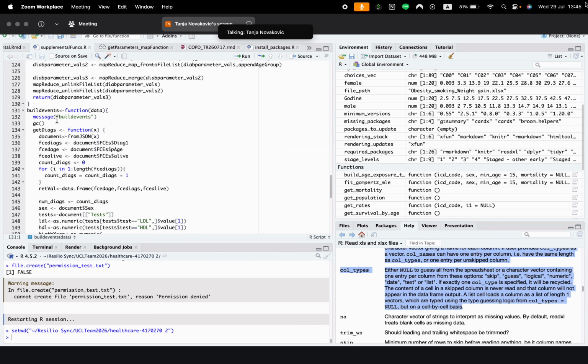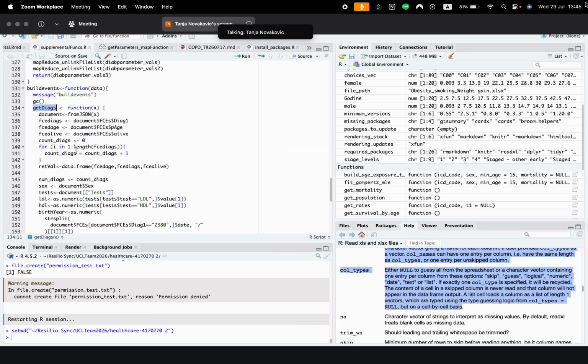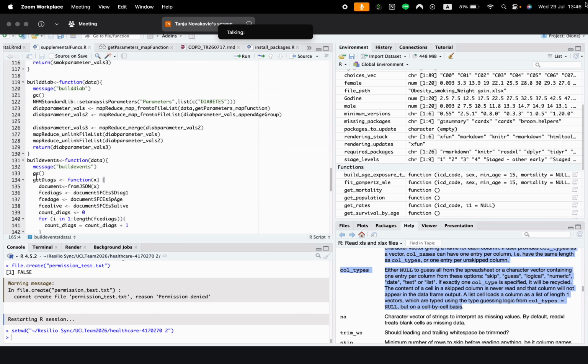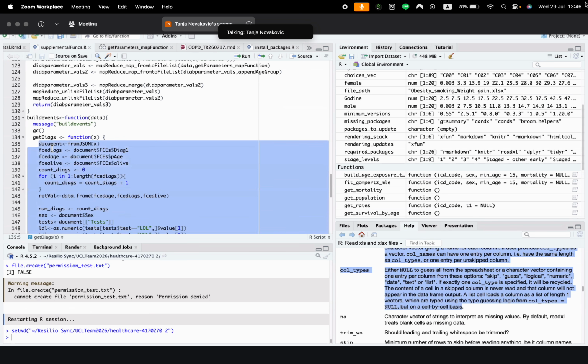What this get diags function does, which runs all of this here, is for an individual patient, build out the age and the age that diagnosis happened and whether they were alive or not from the ICD-10 code material.